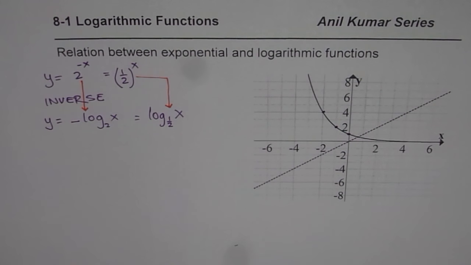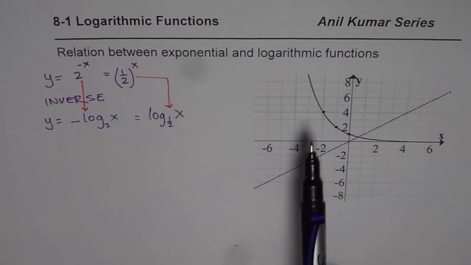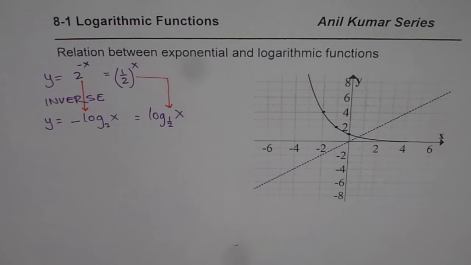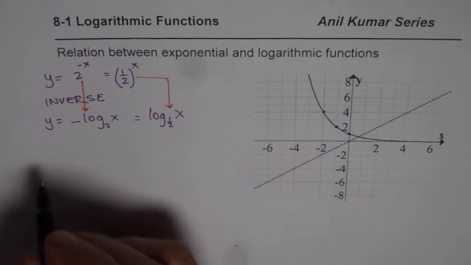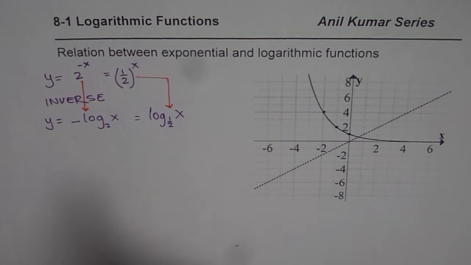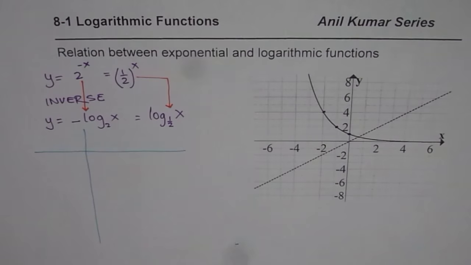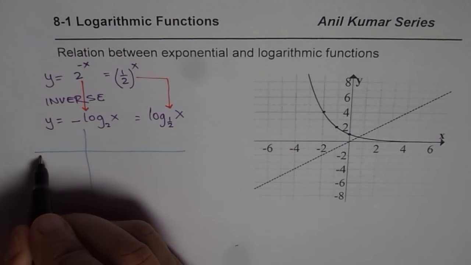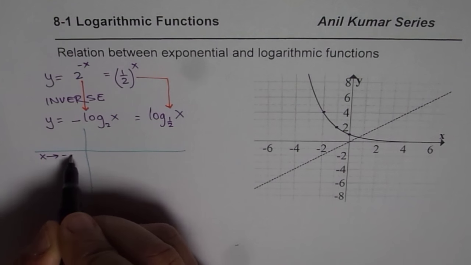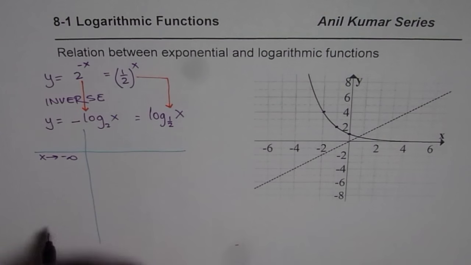Now the next thing which we want to study here is the key points which we should be considering for graphing these functions. Well, for exponential functions, you know the key points. Let me list them here quickly for you. We always have to look at what happens when x is approaching negative infinity, and what happens when x is approaching positive infinity.